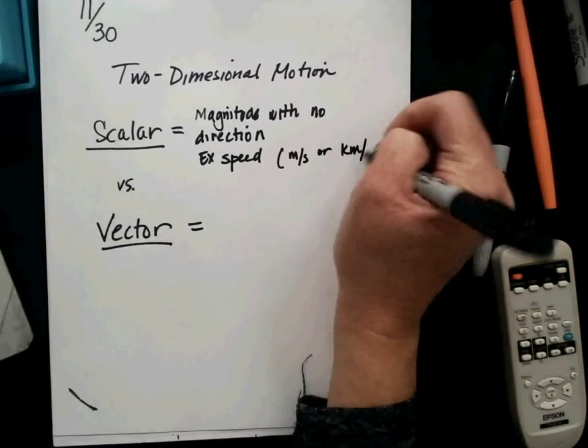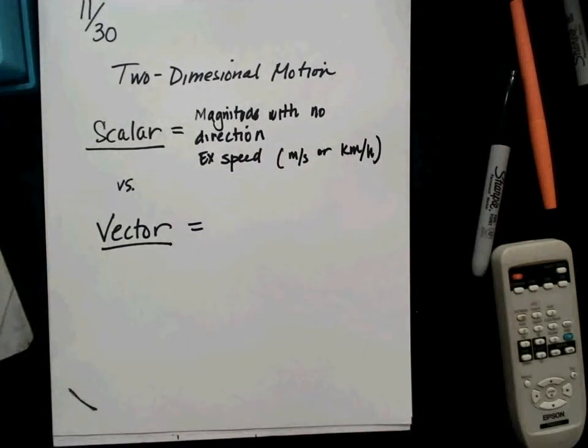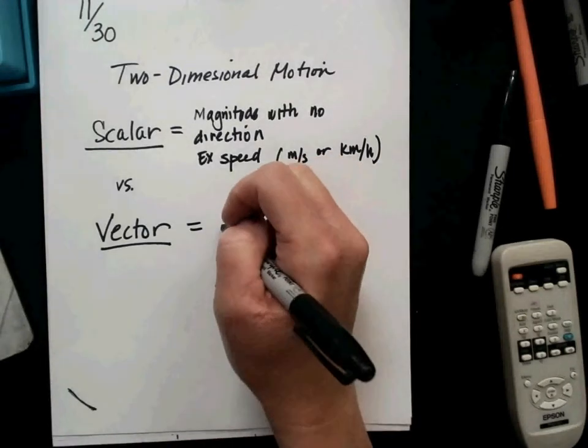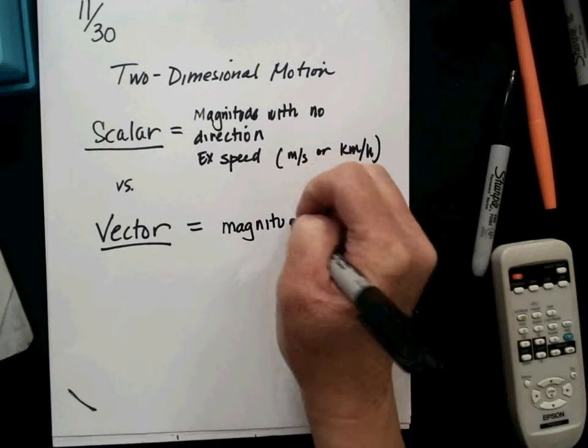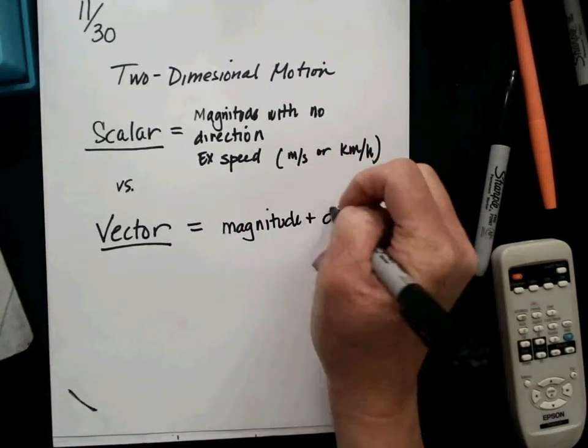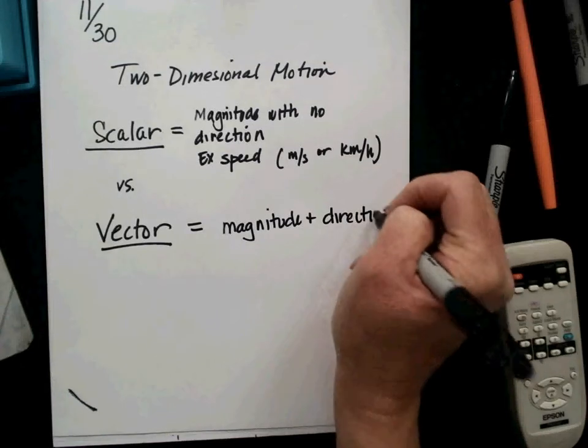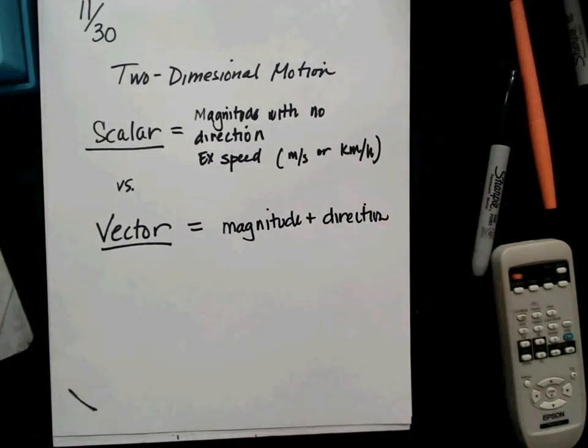How's a vector different? Ian, what did you write down for vector? I said magnitude and direction. Okay, so magnitude and direction.